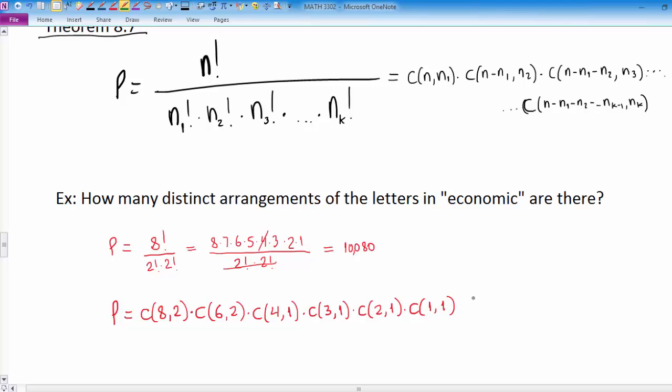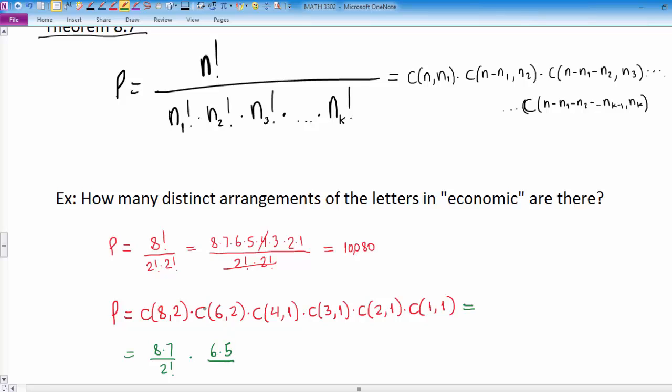Let me show you why. It's very easy to see. It doesn't look like it, but it is. Remember how we find combination 8, 2? 2 slots, that's 8 times 7, divided by 2 factorial. That's this part. And here is 6 times 5, because the total number of objects here is 6, and you have 2 slots.